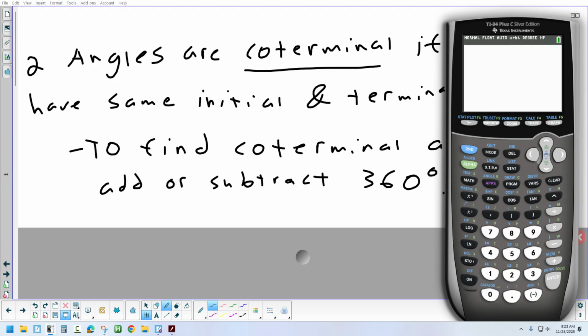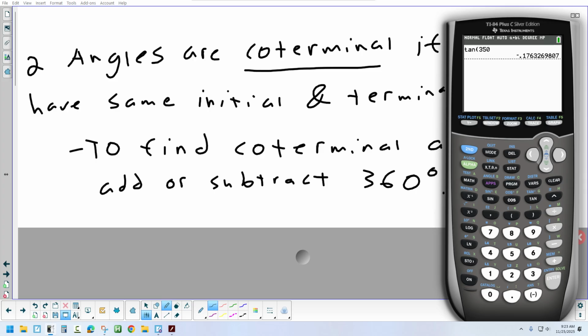Let me type in the tangent of 450 again. Tangent of, why is it getting mad at me? All right, let's try something smaller. All right, tangent of 350. I get that as an answer.